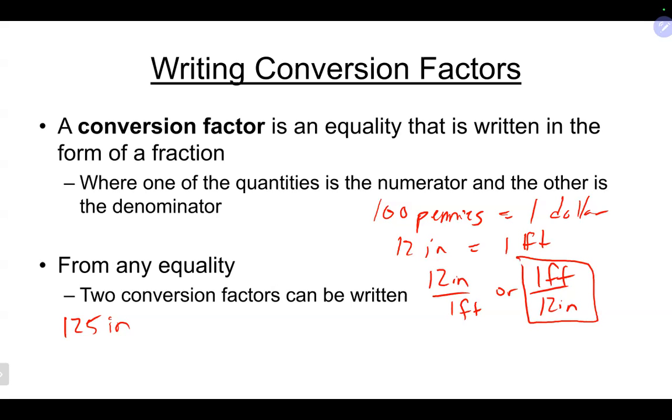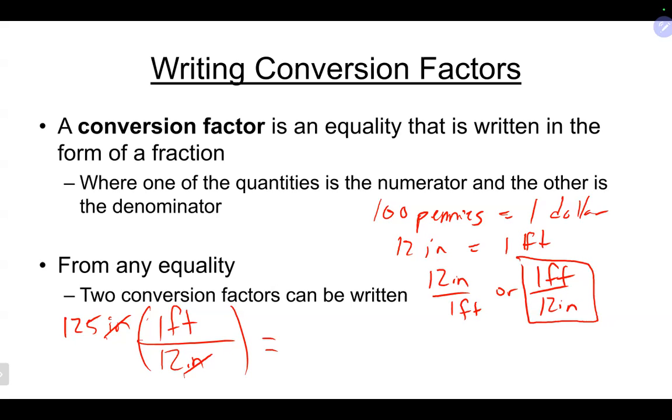The 125 is not written as a fraction, so the inches units are up on top. To get rid of the inches, and in all conversions they're always opposite, we put the 12 inches on the bottom and the 1 foot up on top. The inches cancel.